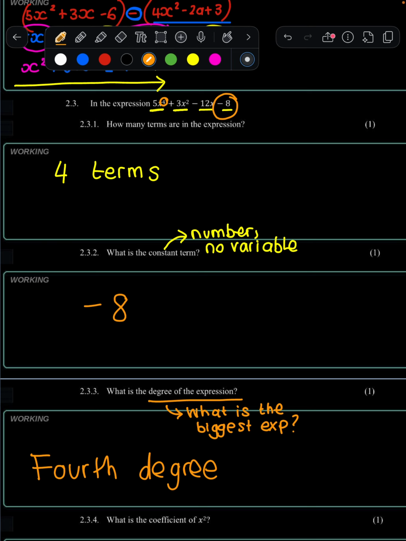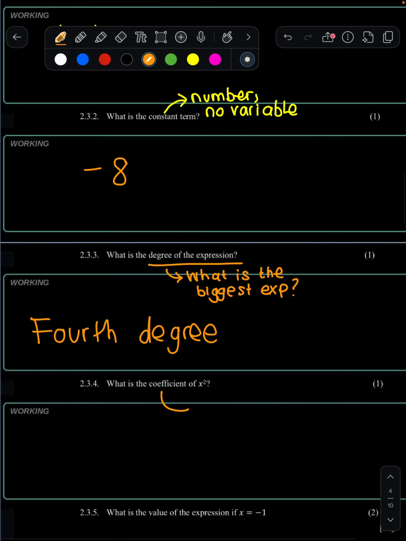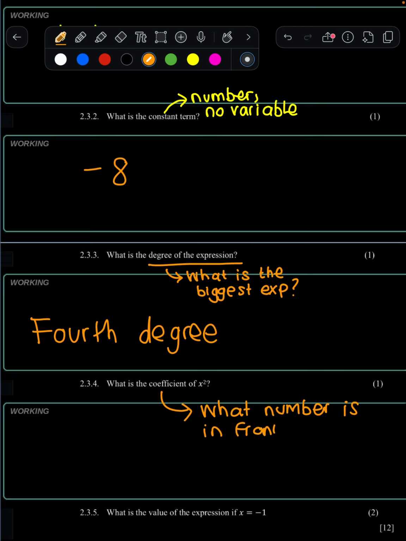What is the coefficient of x squared? Coefficient just means what number is in front of x squared.